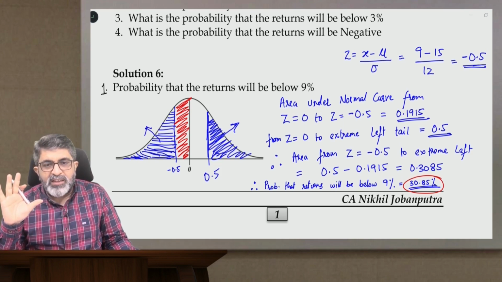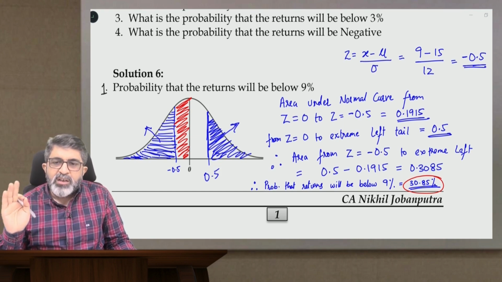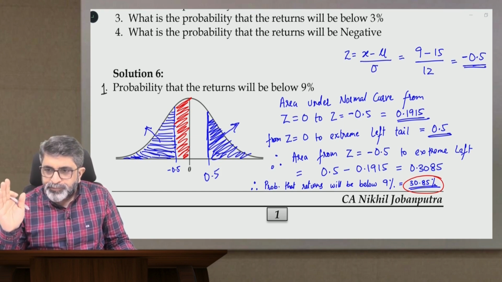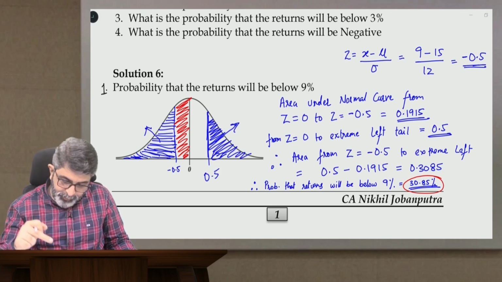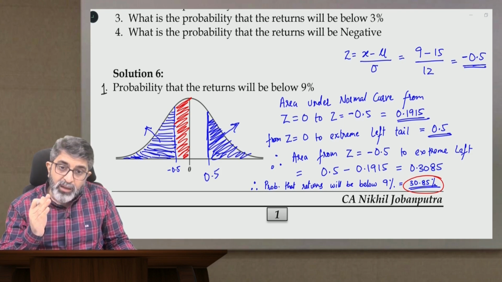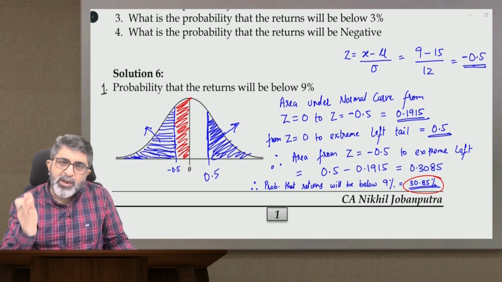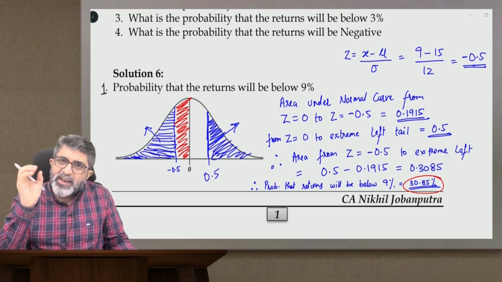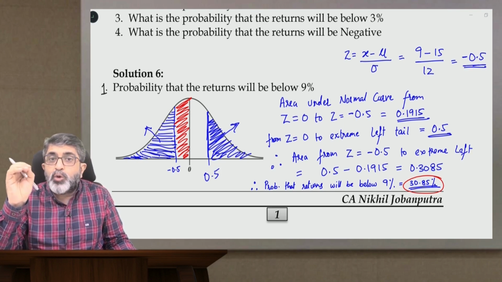Again same logic, the curve is symmetric to the center. So the probability of returns below 9% we can simply find from the area under normal curve from z equal to 0.5.